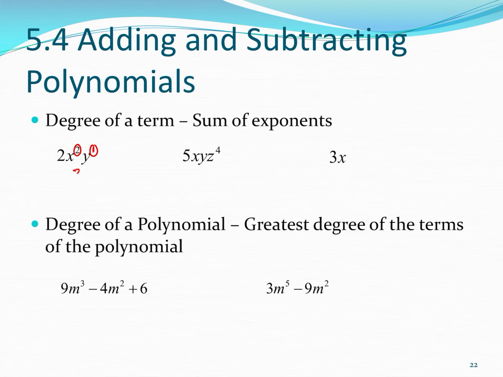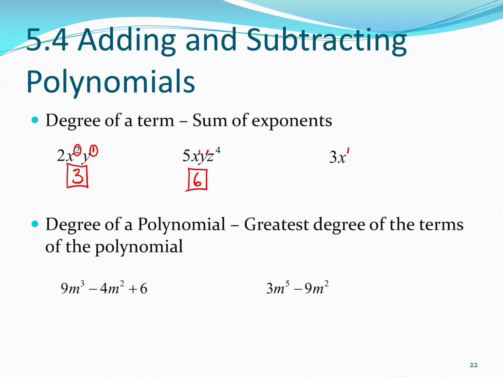To find the degree of a term, you're going to add the exponents of the variables. In this case, we have an exponent of 2, and then this y has an exponent of 1. When we add those 2 and 1, we get 3. The degree of that term is 3. Look at the next one. What's the degree of this one?